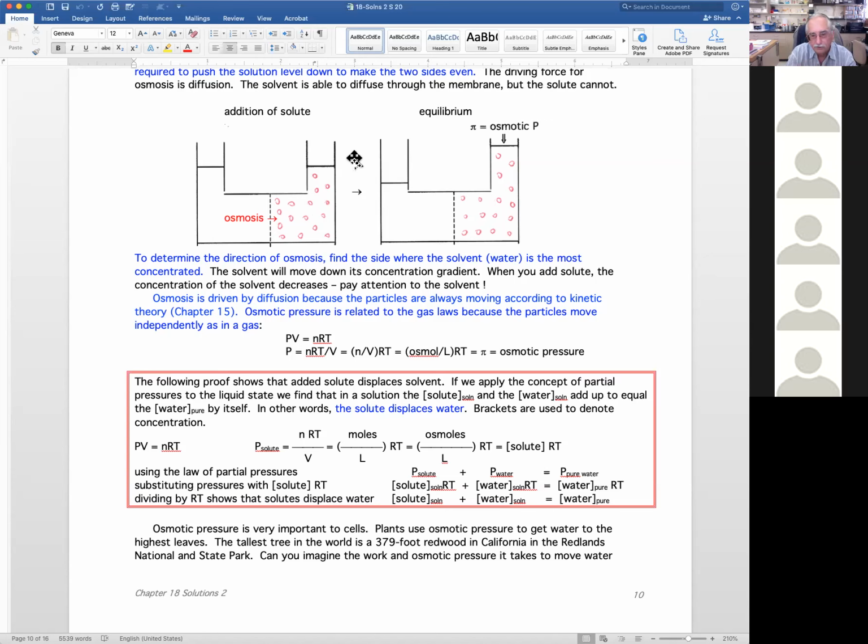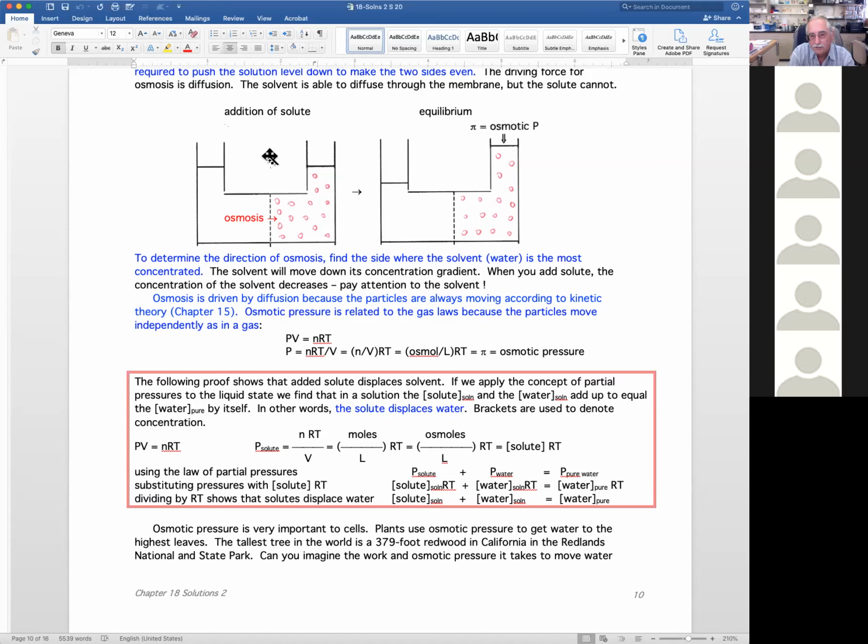Well, diffusion wants to happen, right? Diffusion always goes from the more concentrated to the less concentrated. But here's the problem. The solute cannot pass through the membrane. But we're not talking about solute in this case, we're talking about solvent.